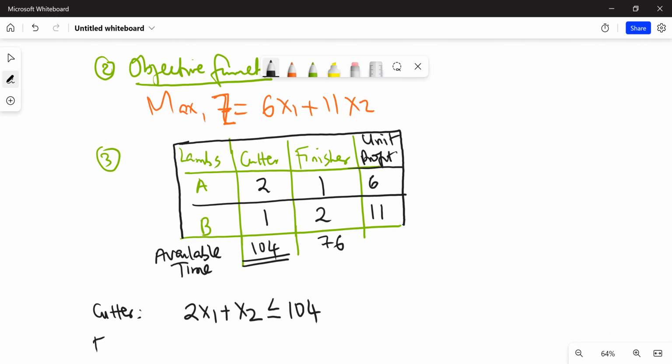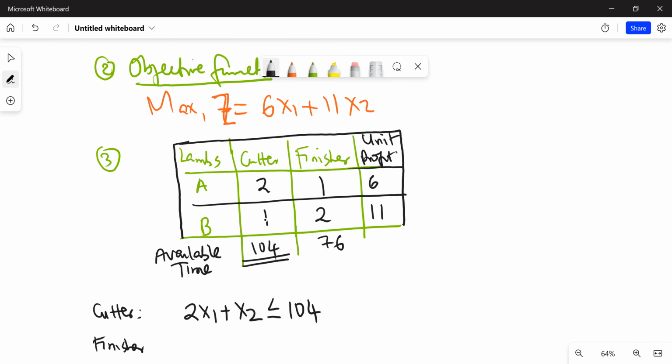And the finisher, the same. Every unit produced of type A requires 1 hour on the finisher, and every unit of type B requires 2 hours on the finisher.